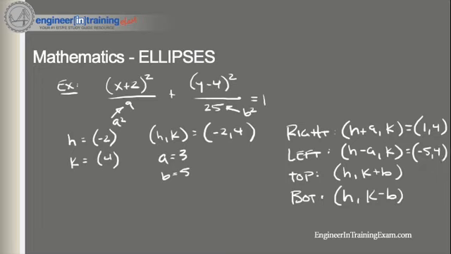Now we've got to find the top, and we're dealing with the b term. We know that h is -2 and k is 4, and we want to add 5 to that, so it's going to be (-2, 9). And now we want the bottom. Once again, h is -2, and b is equal to 5, and we subtract that from k, so we get -1.